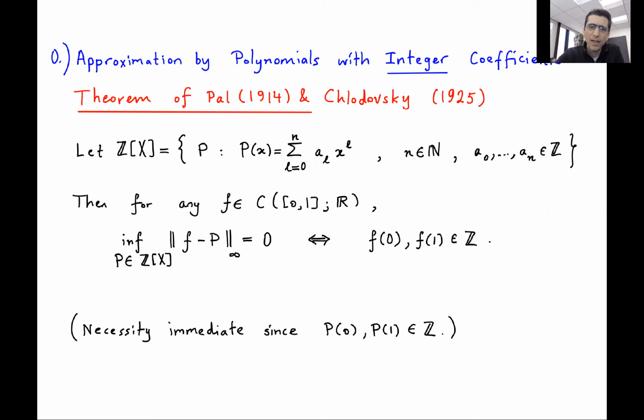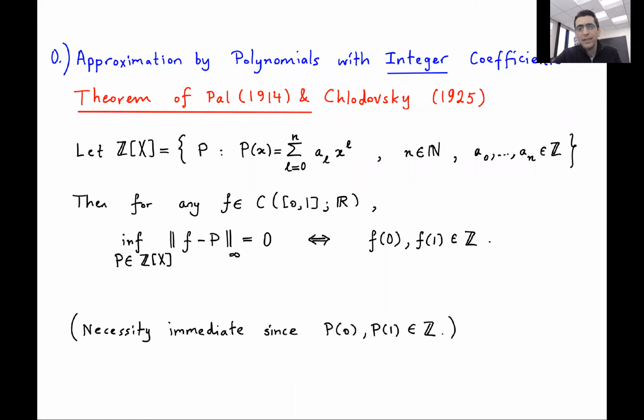So the theorem of Pál and Kloodowski says that if you give me a continuous, real-valued function on [0, 1], well, we all know Weierstrass's approximation theorem, that we can approximate it by polynomials arbitrarily well in the uniform norm. Except we can approximate it arbitrarily well by polynomials with integer coefficients, provided the function satisfies the obvious necessary condition, which is that the function takes on integer values at the endpoints.